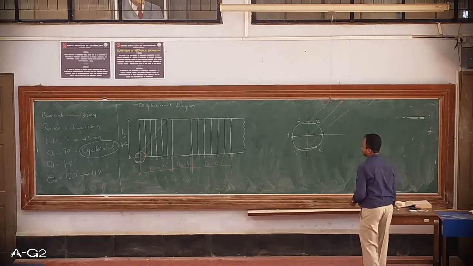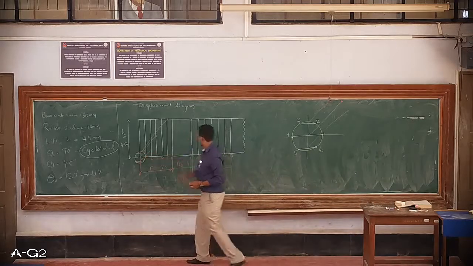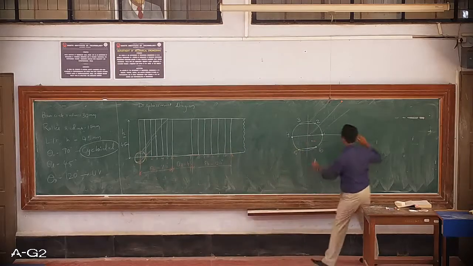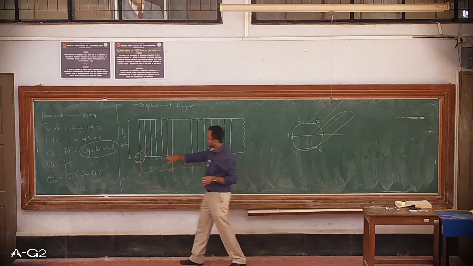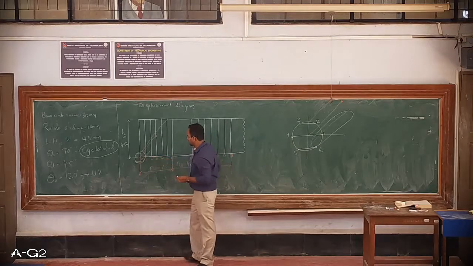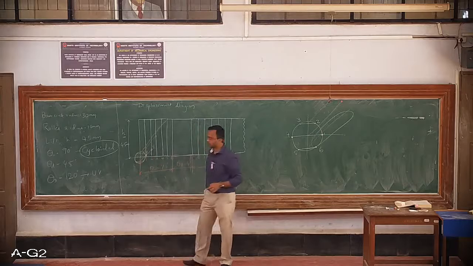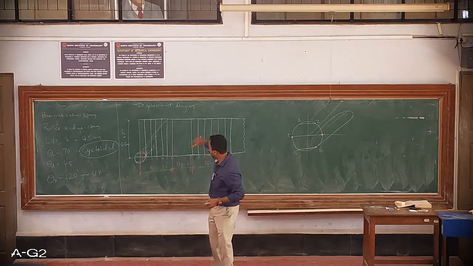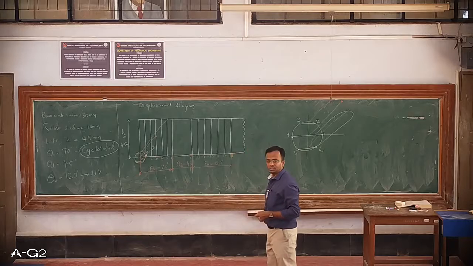In the next step, you see the lowermost slant line that you have drawn, that is this one. That line will cut line number 1 and line number 2 at P1 and P2. I'll repeat, the lowermost slant line will cut line number 1 and line number 2 at P1 and P2.